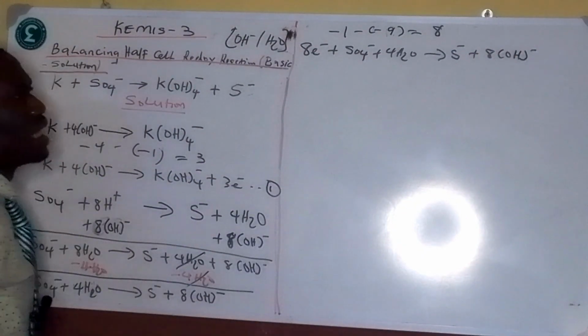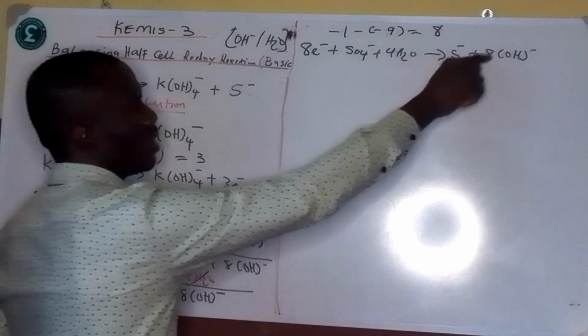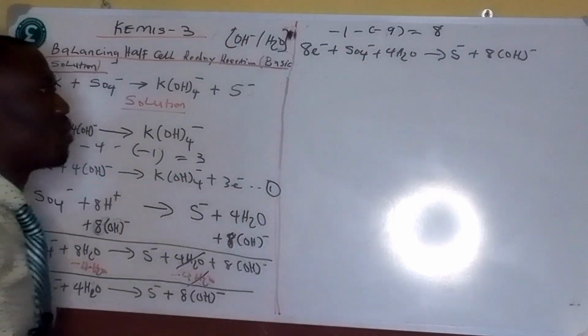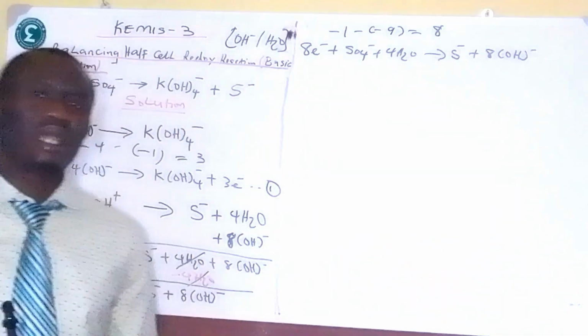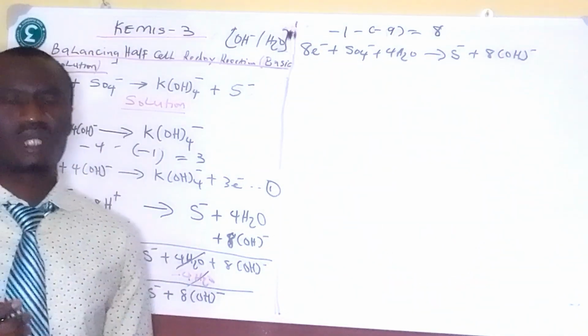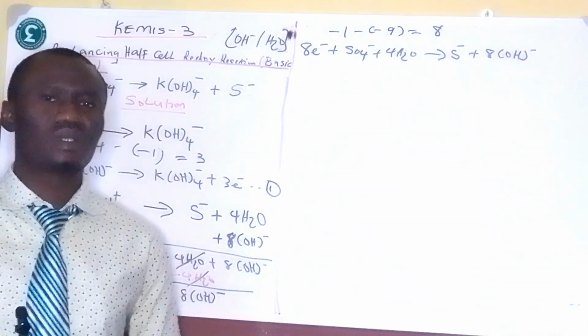Now I'm going to check the ions. I have minus 8 minus 1, minus 9, and minus 8 minus 1, minus 9. Now we can see that the elements, the particles, the ions and the atoms of the first and second half reactions are balanced.